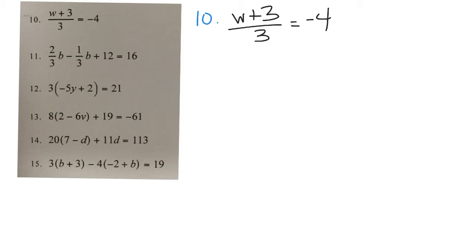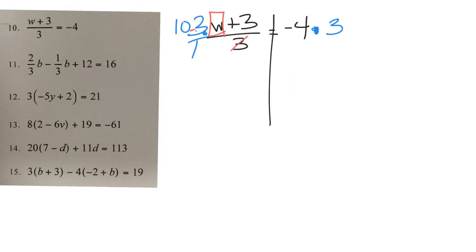So in this problem, because the whole numerator, everything, is in the numerator, we're going to multiply by positive 3. And we want to get w by itself, but I need to get rid of that denominator for the fraction, so I'm going to multiply by 3 over 1, multiply by 3. And when I multiply by 3 over 1, the 3s divide diagonally.